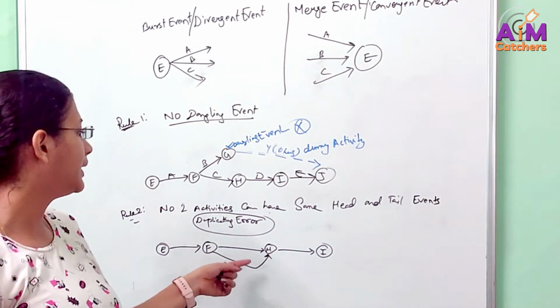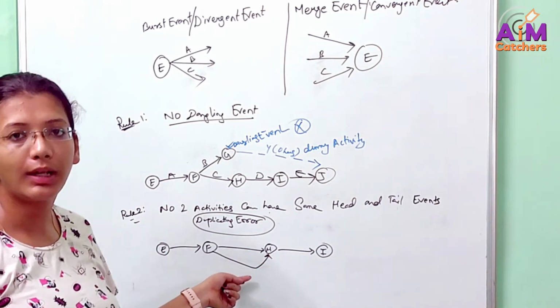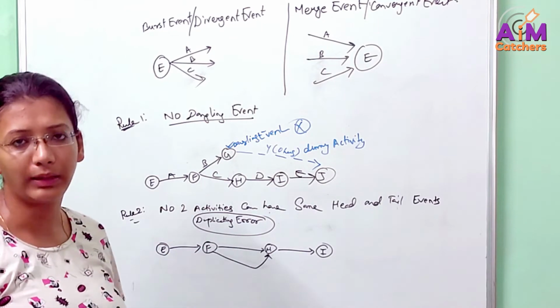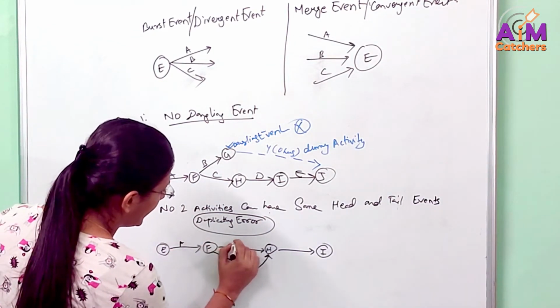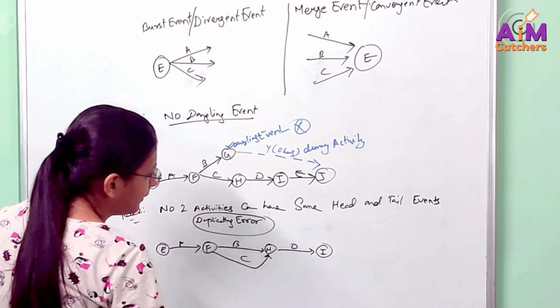Obviously, you can see from the diagram that this type of arrow is not allowed to be used. So it is not correct, very simply. Okay, let me write the names of the activities. A, B, C, D.